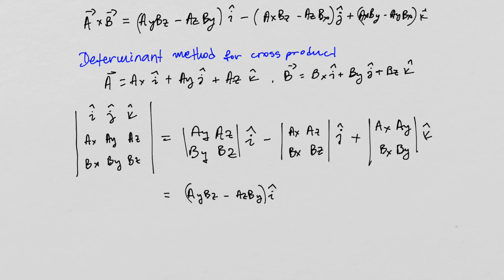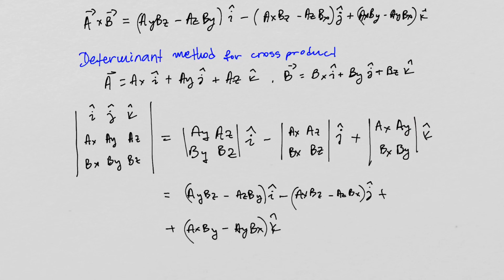And so the first determinant is ay times bz minus az times by. Similarly, the second one will be ax bz minus az bx, and this is multiplied by j hat. And then for the last determinant, we'll have ax by minus ay bx multiplied by k hat.